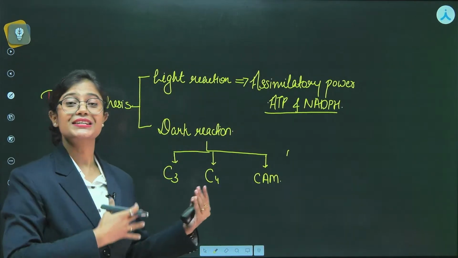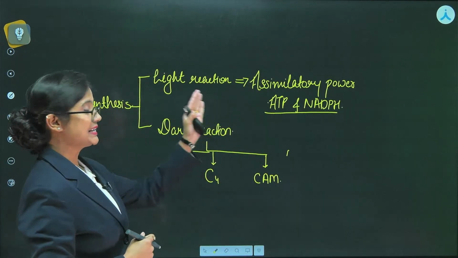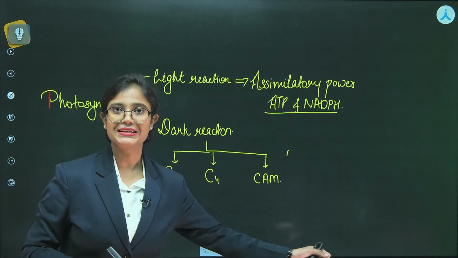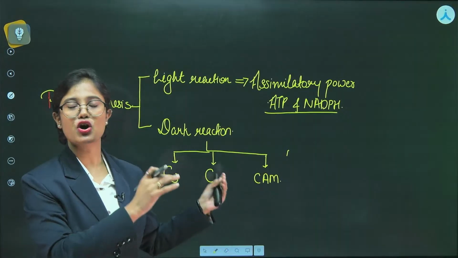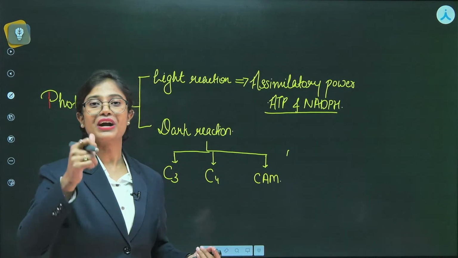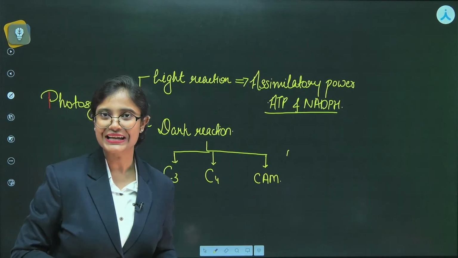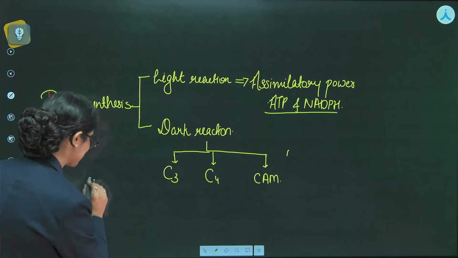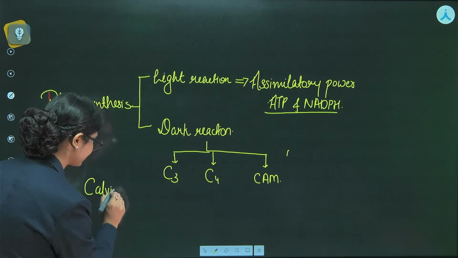अब ये ऐसा क्यों है? C3 plants, C4 plants and CAM plants, they are differentiated on the basis of different types of metabolic pathways for assimilating the carbon dioxide. But one thing is common in them, that is the Calvin cycle.